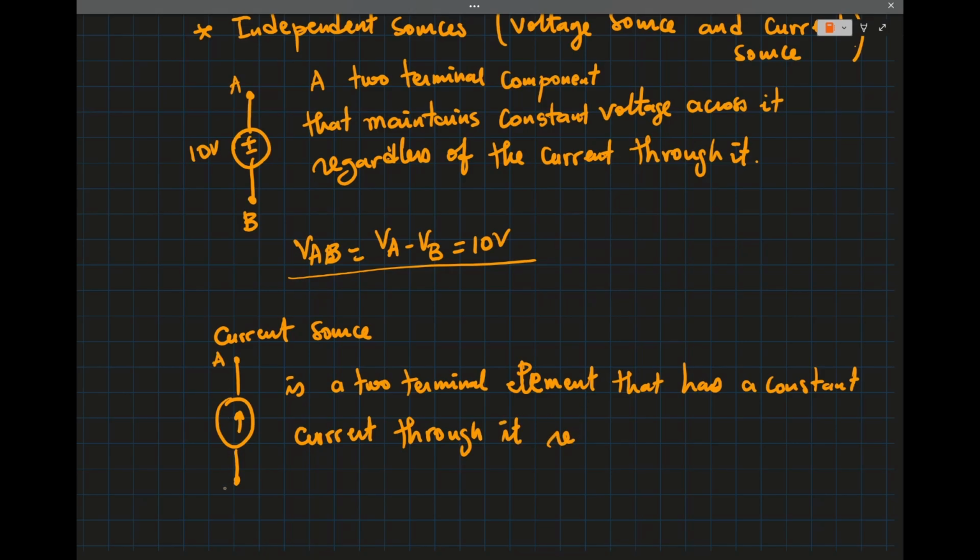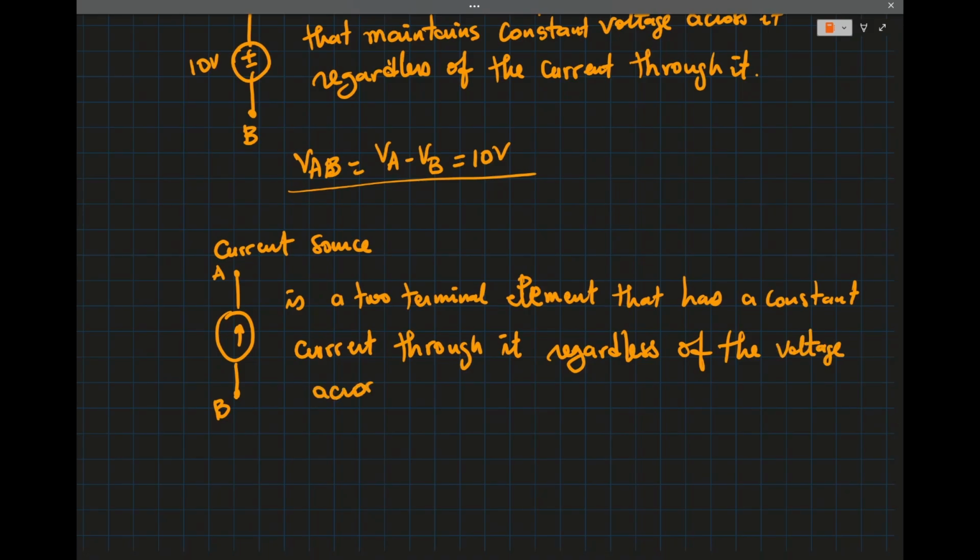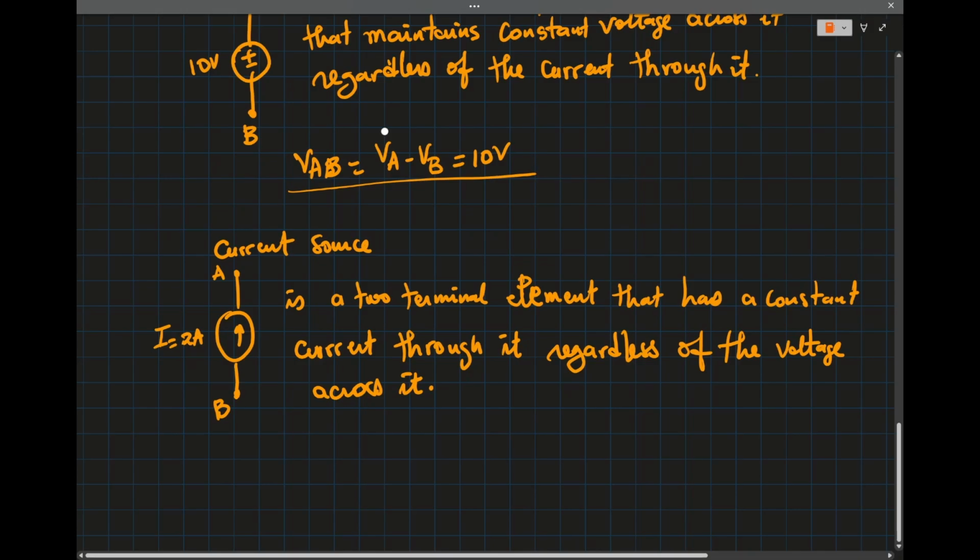So if this is A and B still, regardless of the voltage across it. Okay, so if this is let's say 2 amps, then the current will be constant 2 amps.